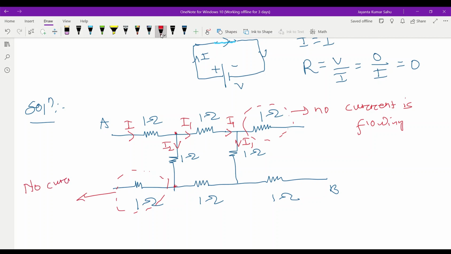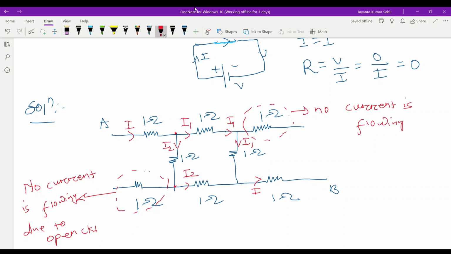Then the same I2 current is flowing here. Here I1 and I2, the same current I ends at the B terminal.